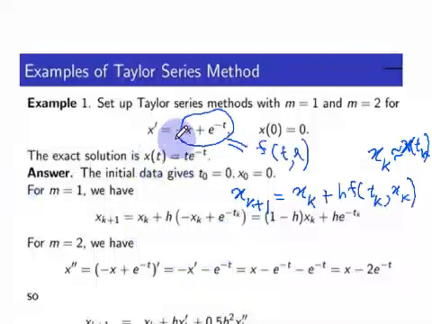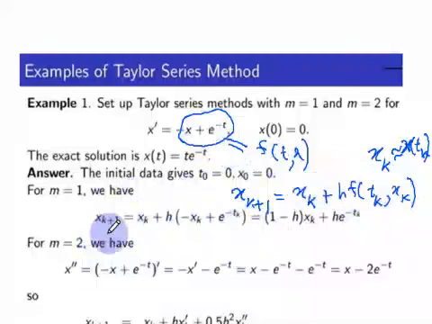So this iterative equation is x k plus 1 equals x k plus h times the function f evaluated at these two points. Just by substituting these two points in, you get this. So this is your first order Taylor series approximation.